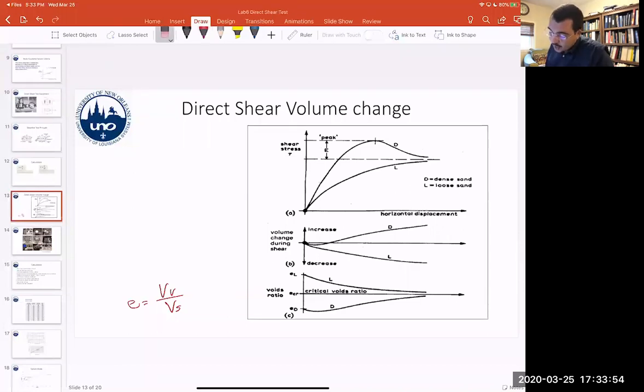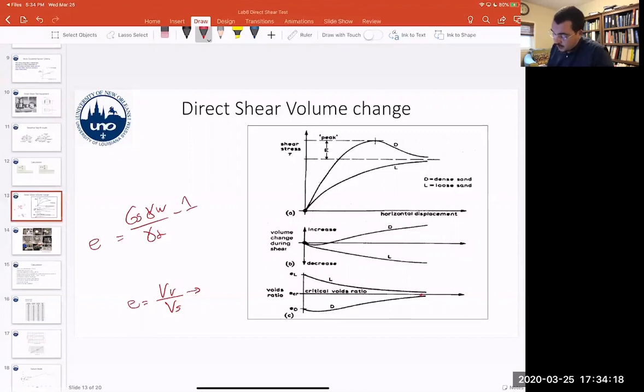And with that, you can calculate the void ratio, or we can use another relationship for that. We can use the specific gravity multiplied by unit weight of water divided by the dry unit weight, minus 1, and that will give us also the void ratio.